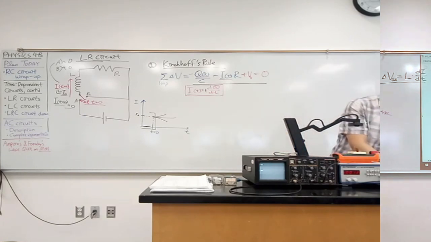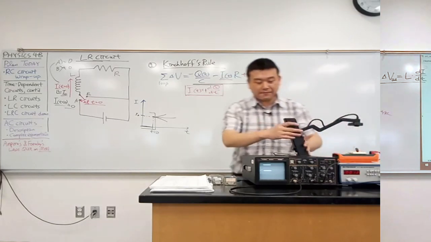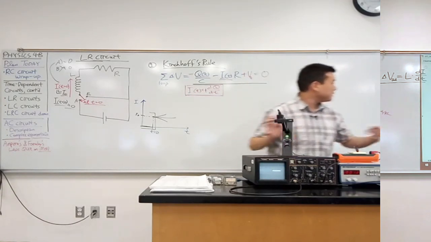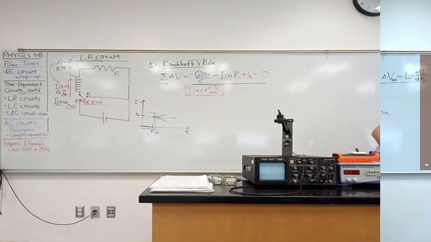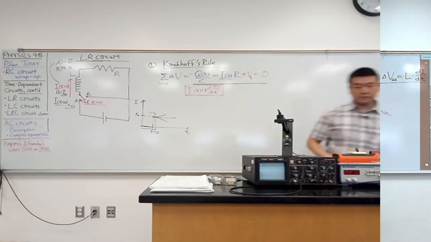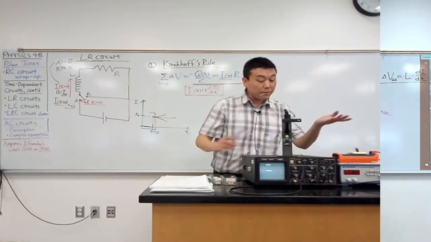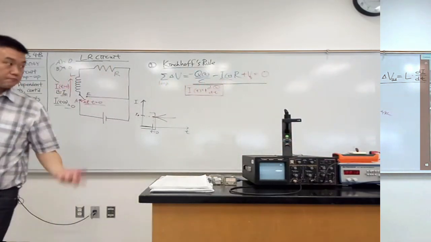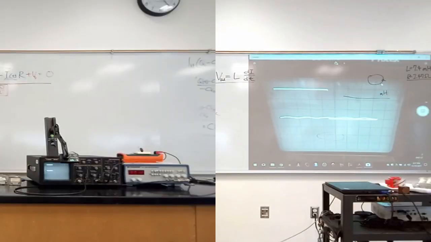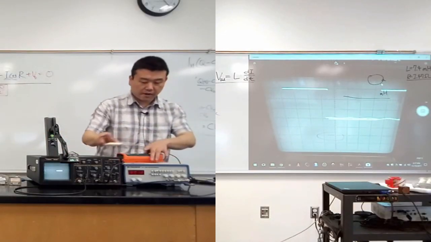So what I'm imagining my role to be right now is someone who provides all the counterexamples. Some of you are thinking, can current depend on time? Sure, it can. Here's one easy way I can make a current depend on time.